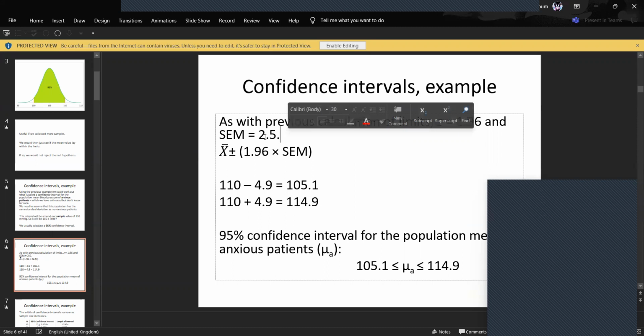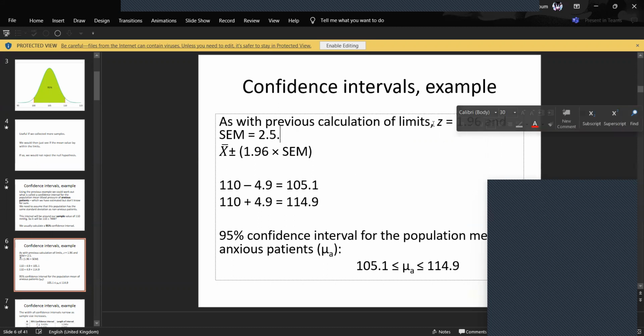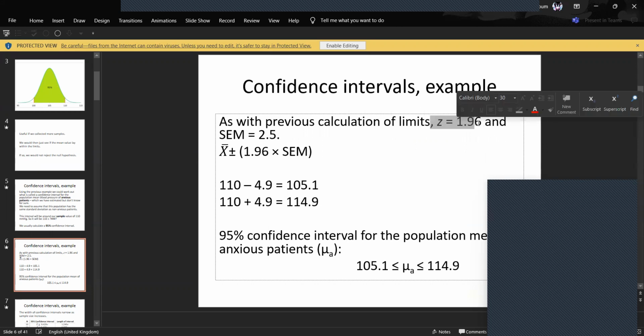So basically, you've previously calculated that the standard error of the mean is 2.5, and the z value that would give you a p-value of 5% is 1.96. For this case, let's just apply this idea to our example.